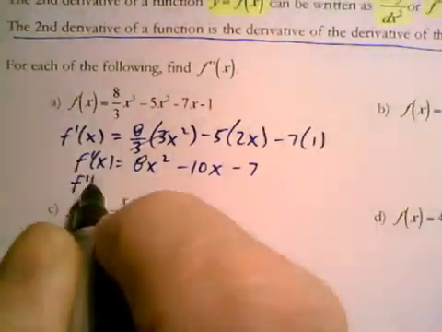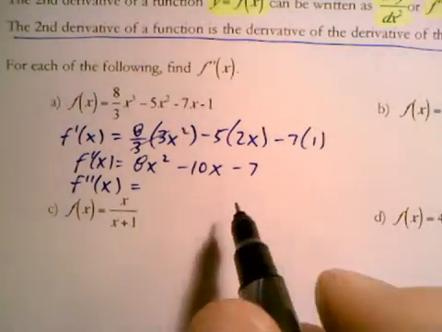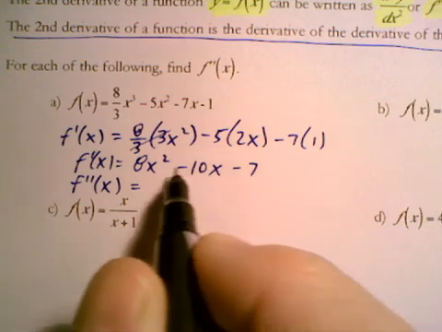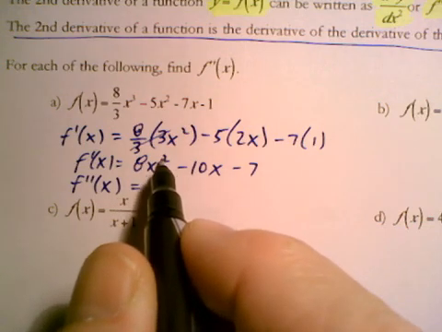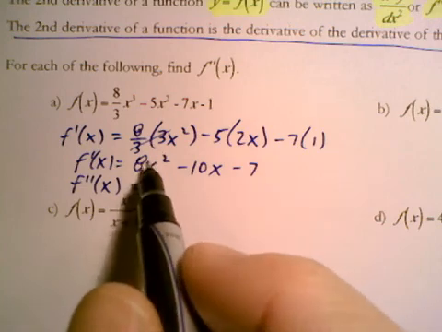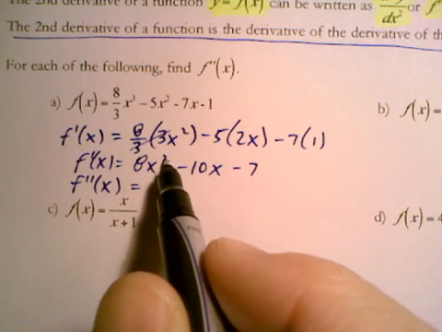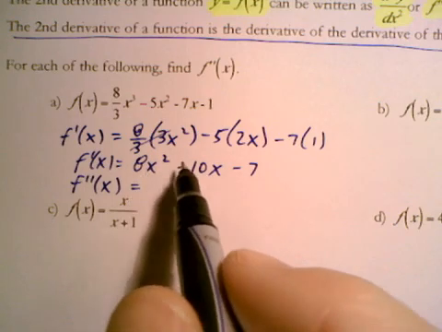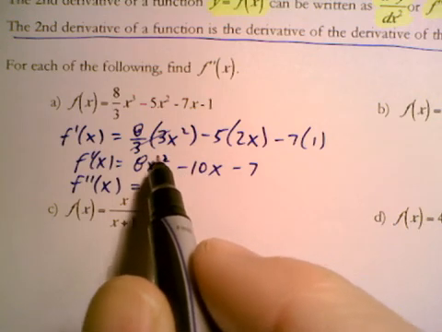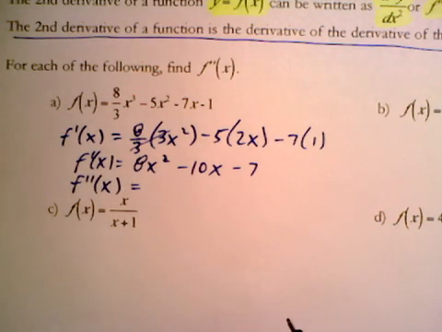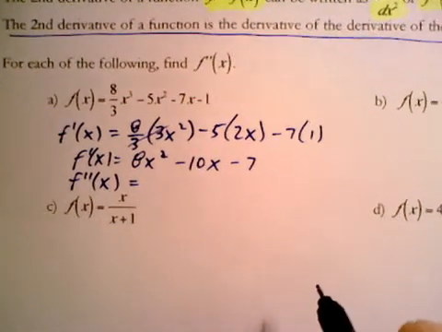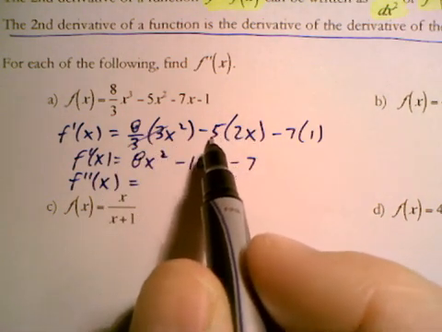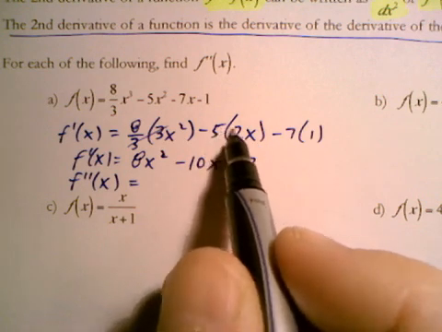And then if we want to find f double prime of x, we're just going to take the derivative of each of these terms. The derivative of 8x squared is, and I think by now we can get away from saying 8 times the derivative of x squared, 8 times 2x. So we always end up taking this exponent and multiplying it by the number out in front, which is the way I'm going to start doing it from now on, unless you tell me you'd really like me to keep it with the other way, writing it out like 5 times the derivative of x squared and then multiplying it out.